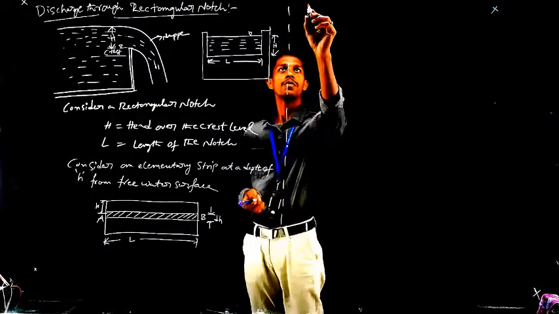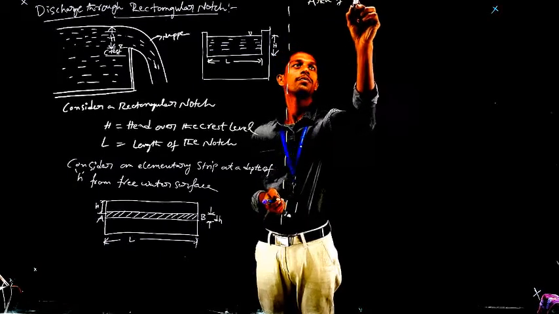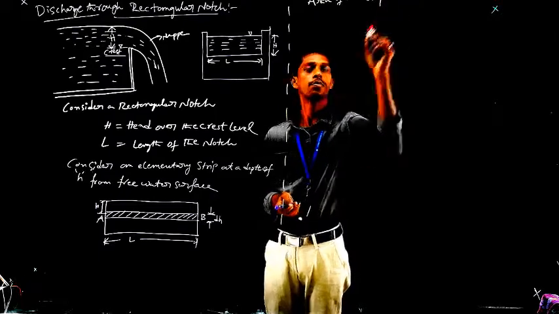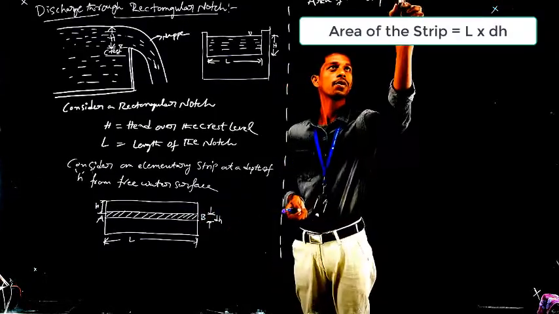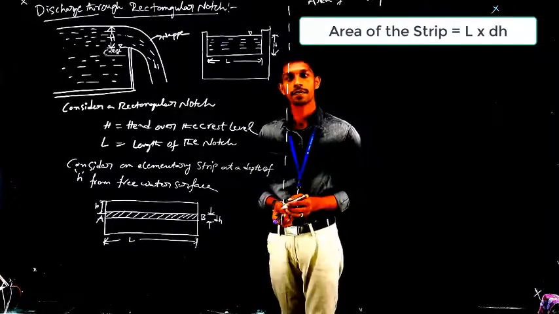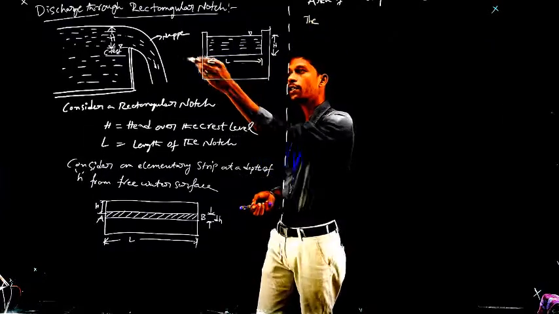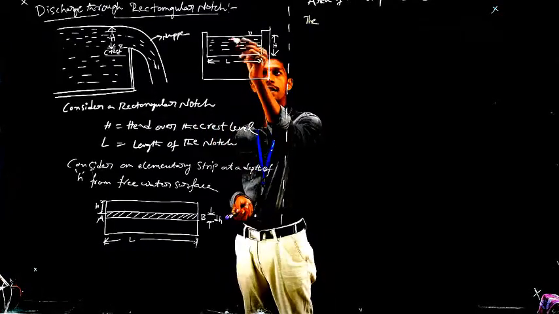Now, what about the area of the strip? Area of the strip is length into thickness of the strip, right? So length will be capital L and thickness will be dh. And what about the theoretical velocity for this water flow in this particular strip?